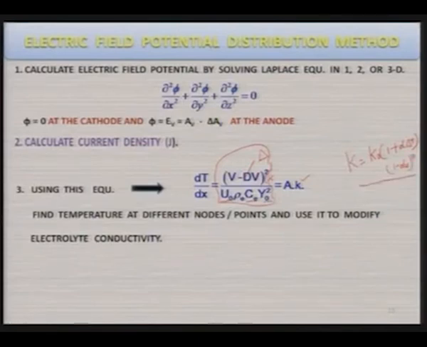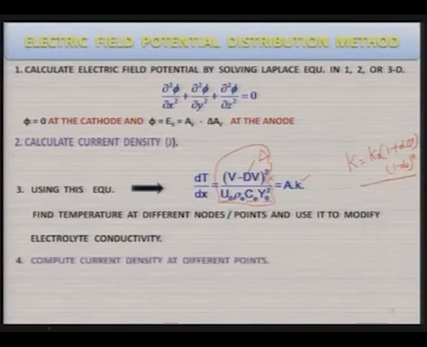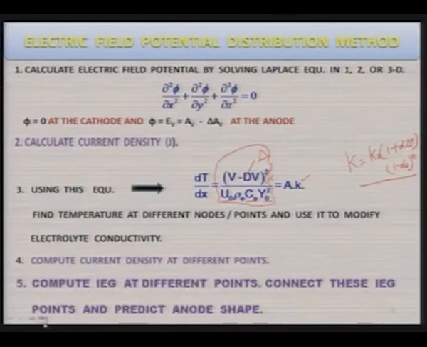You can check it from the notes, and then you can calculate this, and find a more accurate temperature distribution along the electrolyte flow direction. Then compute the current density at different points, and after computing the current density, compute the inter-electrode gap at different points. Connect these inter-electrode gap points and predict the anode shape, as I have already explained.